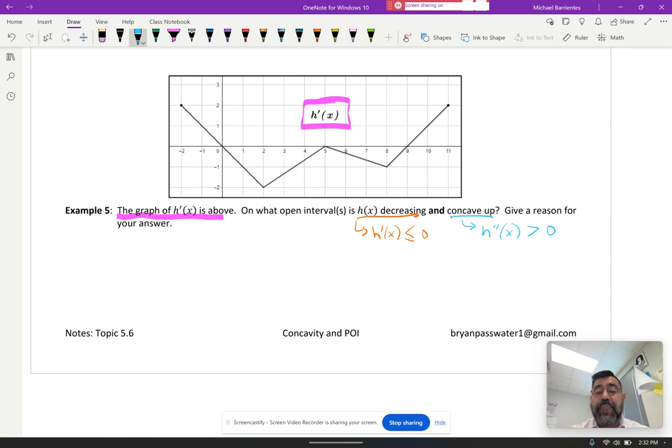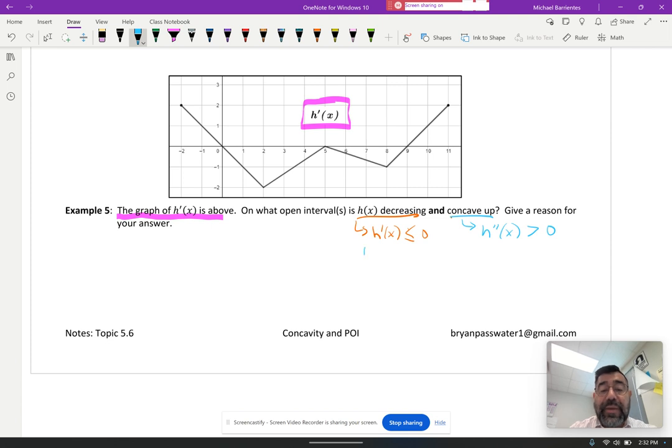Right? So that's what we've been doing the last couple of sections, is connecting the behavior of the graph with a calculus concept. So decreasing has to do with the first derivative being negative. Concave up has to do with the second derivative being positive. But we are given the graph of h prime.